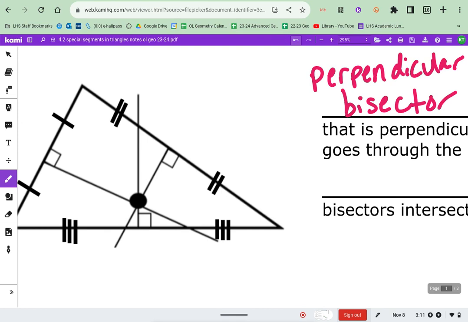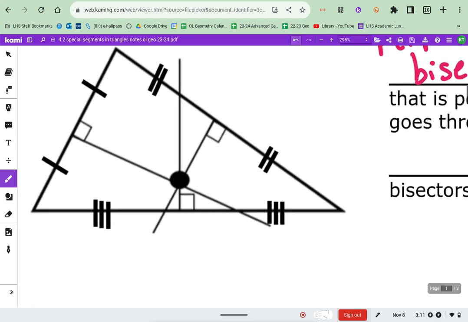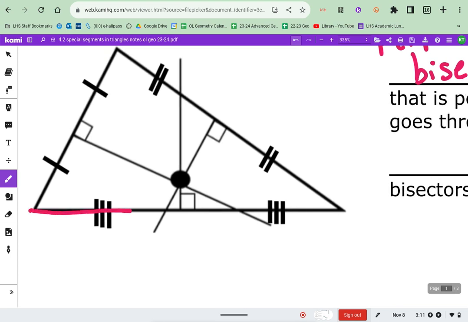Again, there are 3 in this triangle, 1 for every side. And perpendicular bisectors do 2 things. First, we'll talk about the bisect part. If you look at the bottom side of this triangle, this line is bisecting it, which means it goes through the midpoint. So it's cutting it in half.